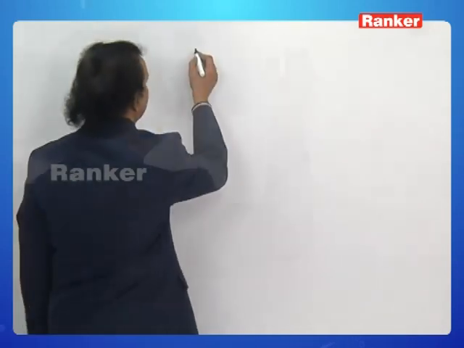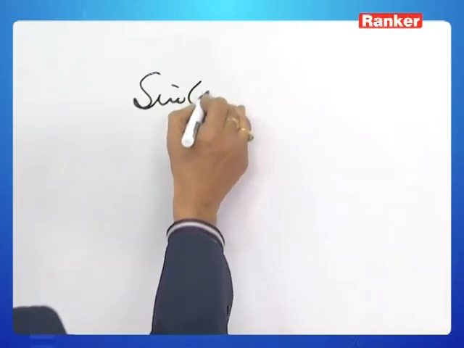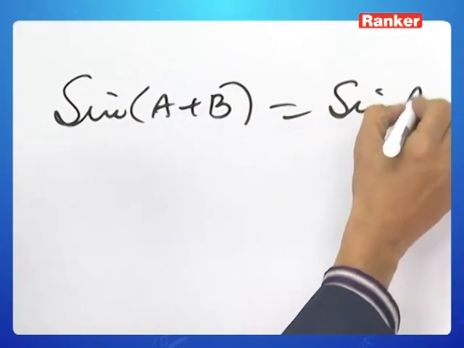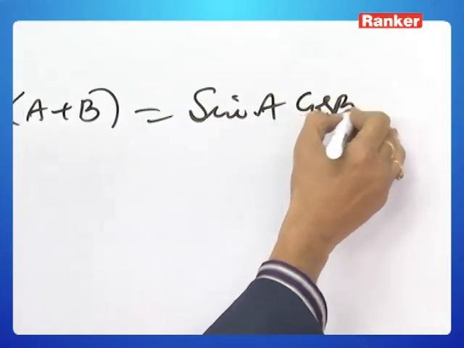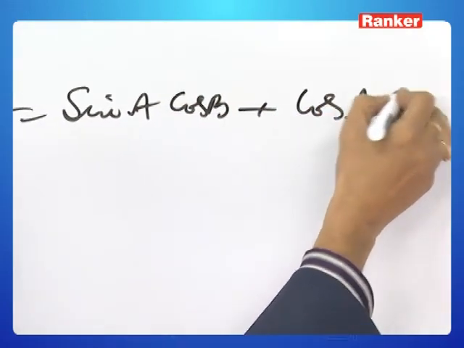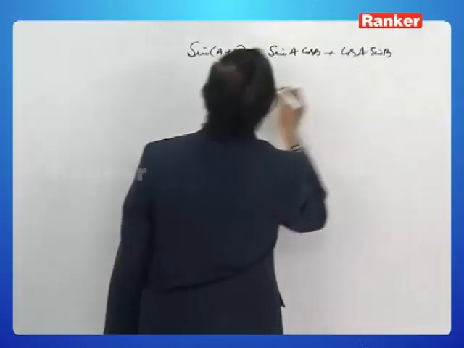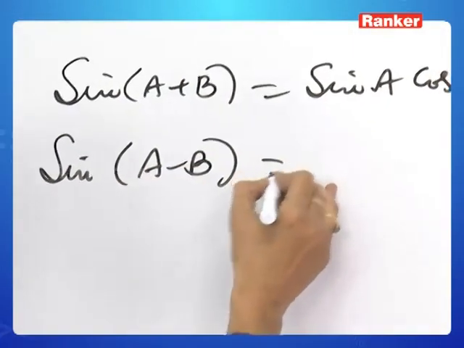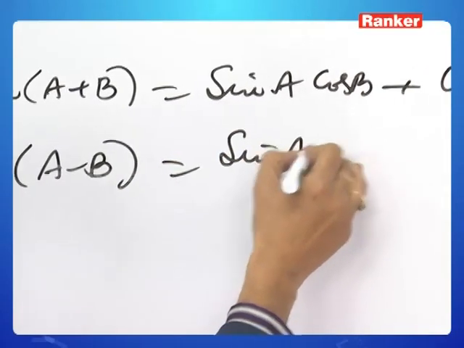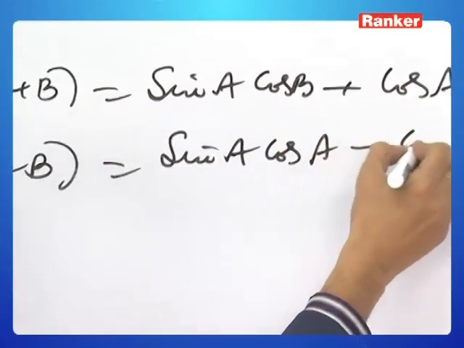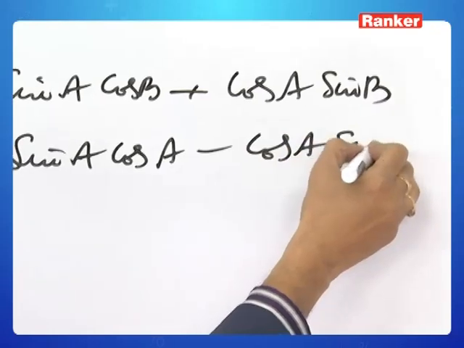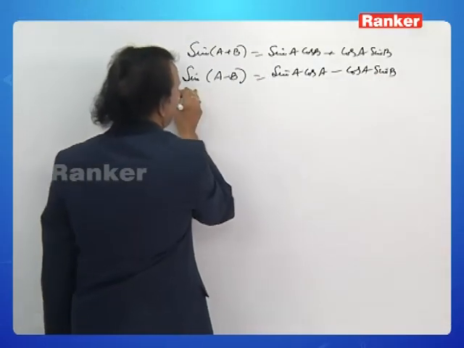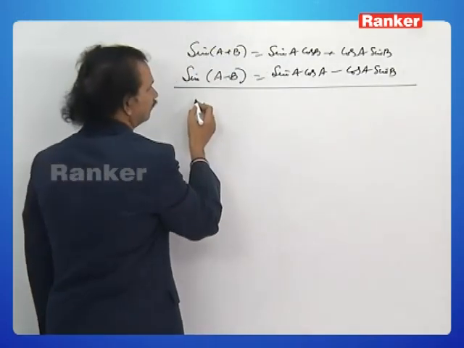What is sine of A plus B? Sine A cos B plus cos A sine B. Sine of A minus B is sine A cos B minus cos A sine B. Add these two, what happens?